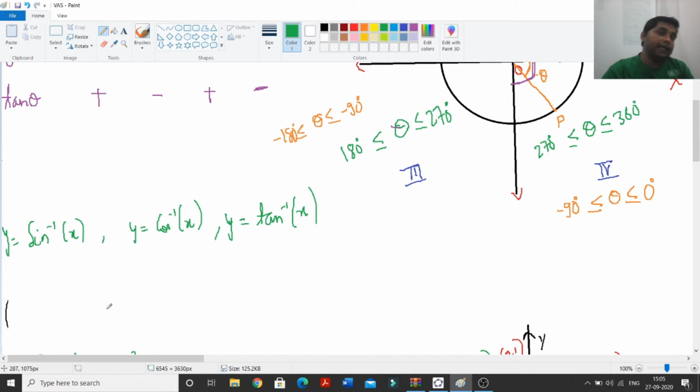Like any other inverse function, they follow all the properties of an inverse function: they are symmetrical about the line y equals x, and inverse is only defined for a one-to-one function.